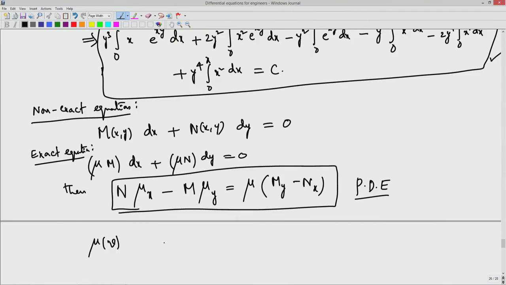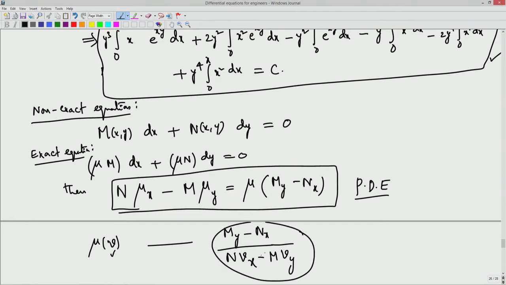If mu is a function of v, then what you have to check is this function, (M_y minus N_x) divided by (N v_x minus M v_y). If you want v to be x, then you put that x in the place of v and you verify this quantity. If it is a function of v only, that means a function of x only, then you can go ahead and solve that equation.